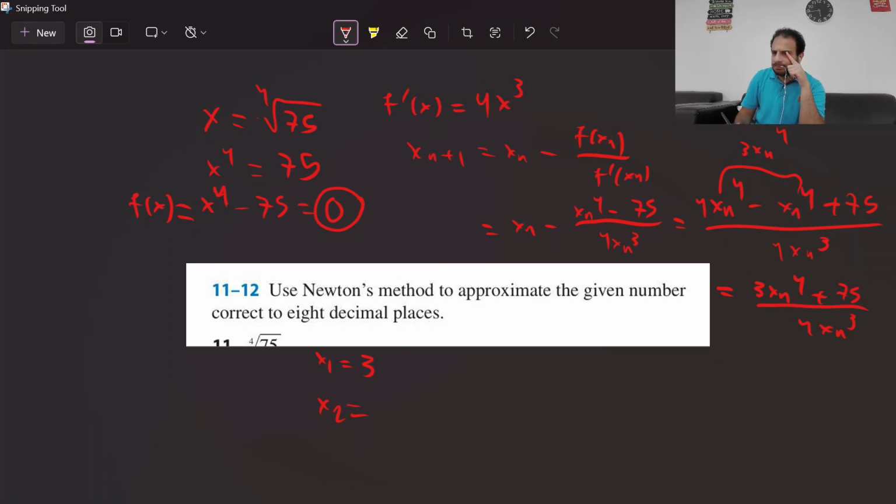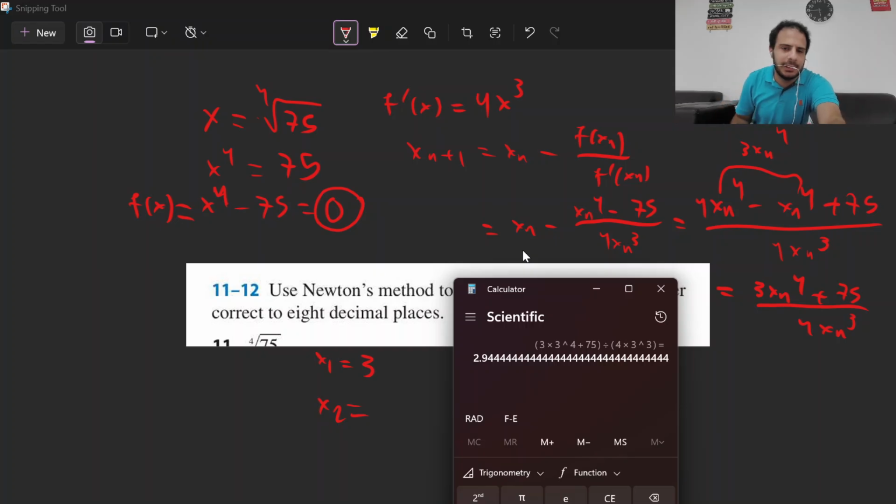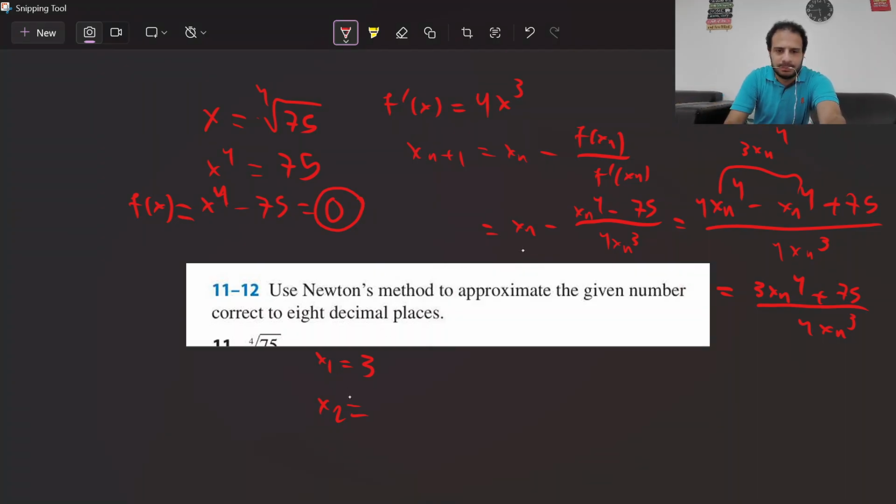Good? Yes. So, open parentheses, 3 times 3 power 4 plus 75, close, divide 4 times 3 power 3, close. You get this.